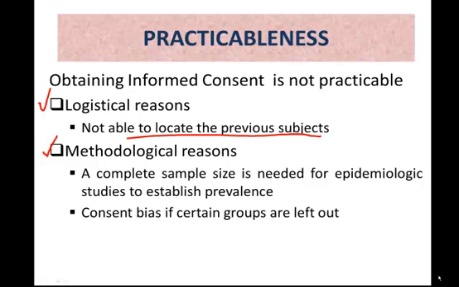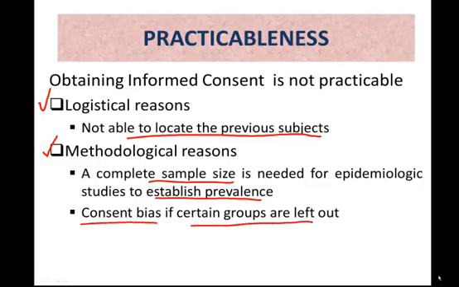Regarding methodological reasons, this involves issues that will threaten the scientific validity of the research. In other words, requiring informed consent would decrease the scientific validity of the research. For example, one may need a complete sample size for epidemiologic studies to establish true prevalence rates in the community, or there may be consent bias when certain groups are left out.